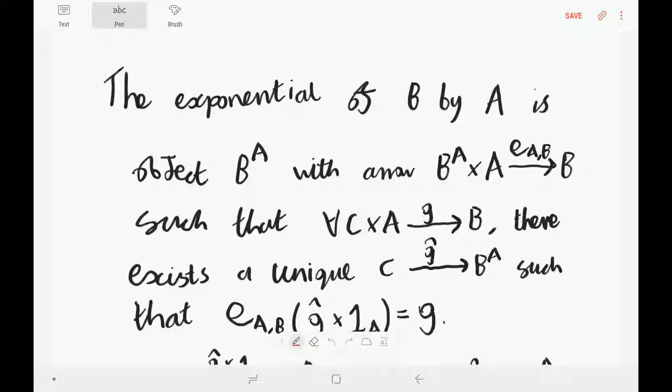We stand there looking over the category and we say, oh, there are these arrows going from object A to object B. But in many categories, particularly Cartesian closed categories, which I'll define, we have the property that there are objects which represent such collections of arrows. These are exponential objects, and they're really important for lots of reasons.